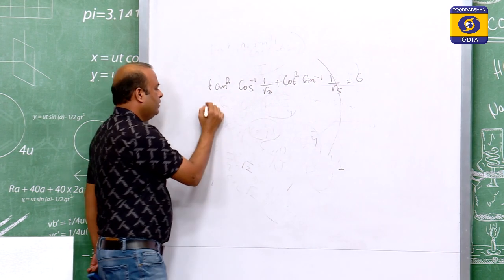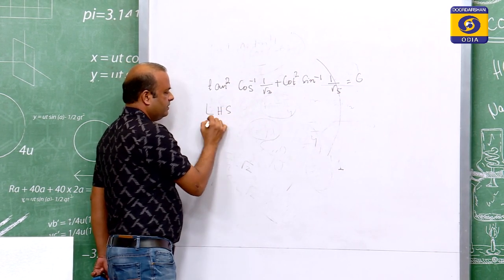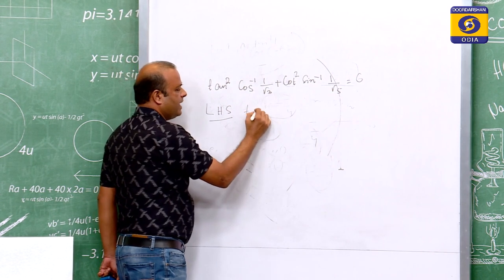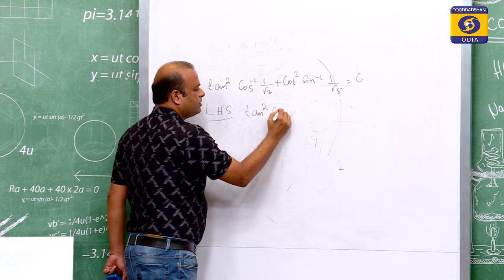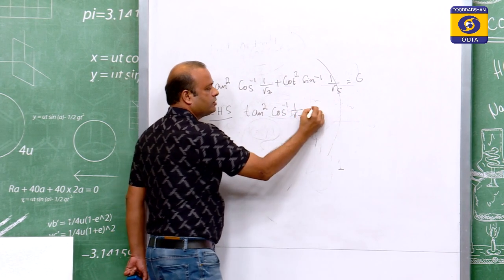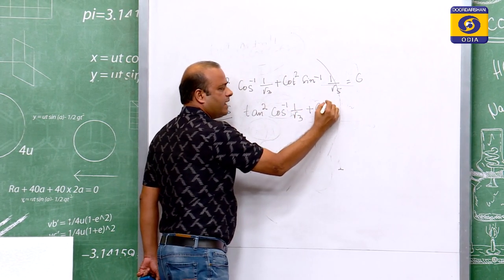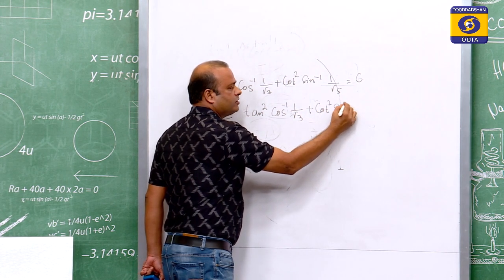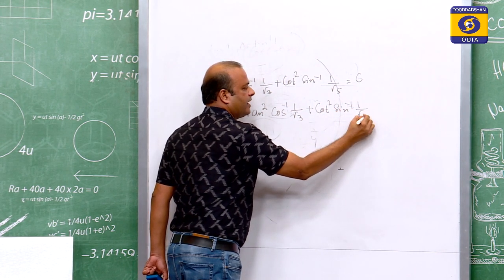So, take the LHS, tan square cos inverse 1 by root 3 plus cot square sin inverse 1 by root 5.